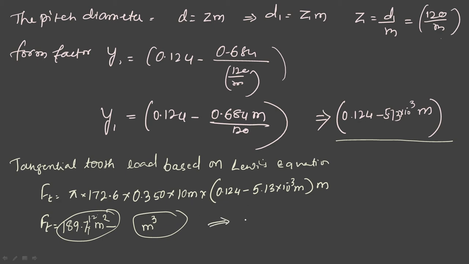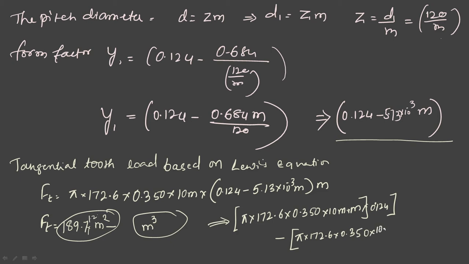Let me write it here. So now pi into 172.6 into 0.350 into 10m into m, into 0.124, minus pi into 172.6 into 0.350 into 10m into m into 5.13 into 10 to the power of minus 3 m.